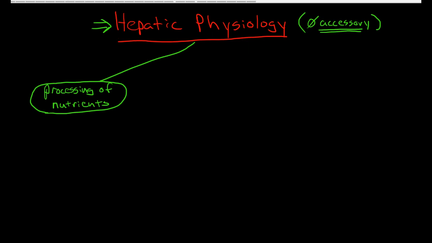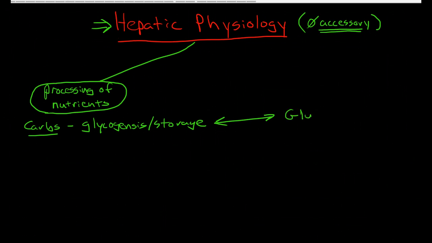Okay, so processing of nutrients. There are three main classes of nutrients. There are carbohydrates, and the liver is involved in processing carbohydrates, mediating the balance between glycogenesis and storage, and gluconeogenesis.